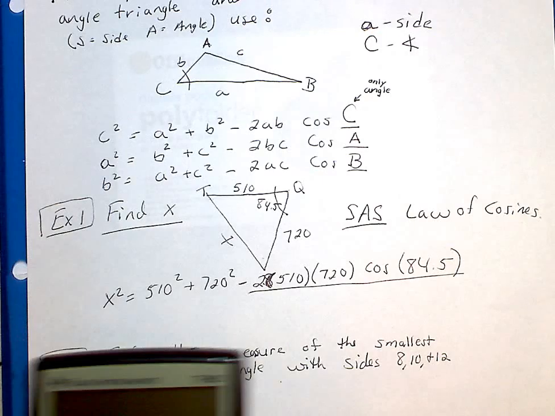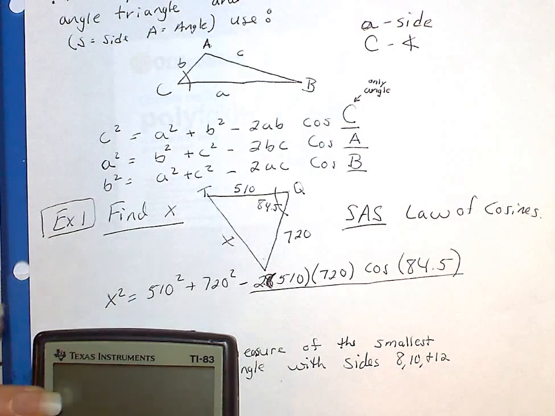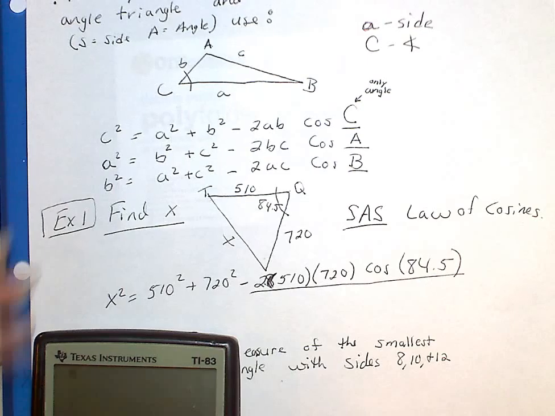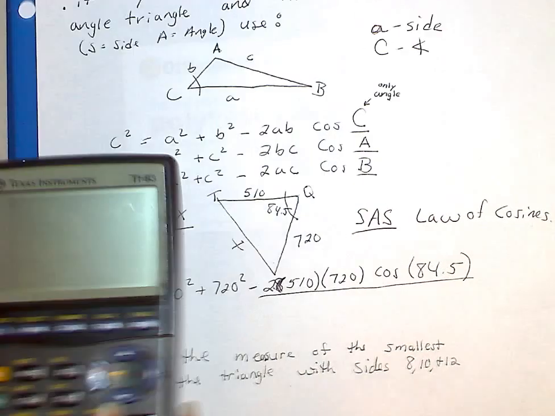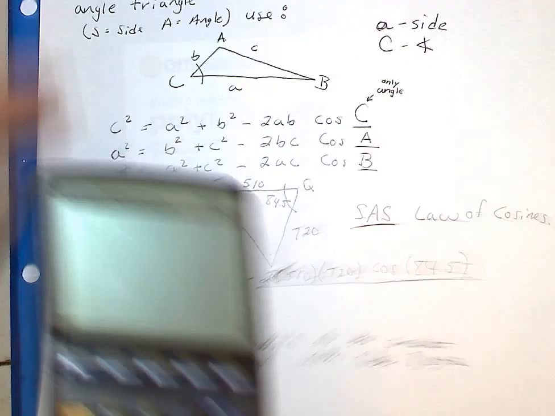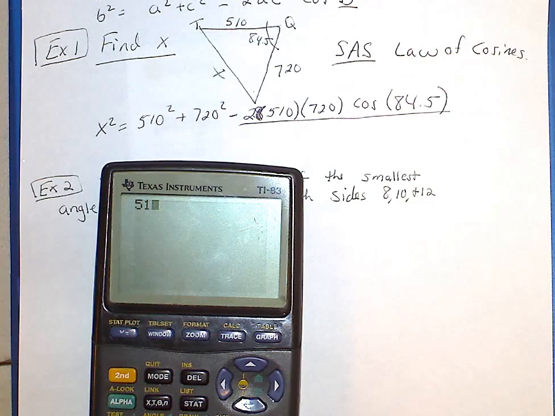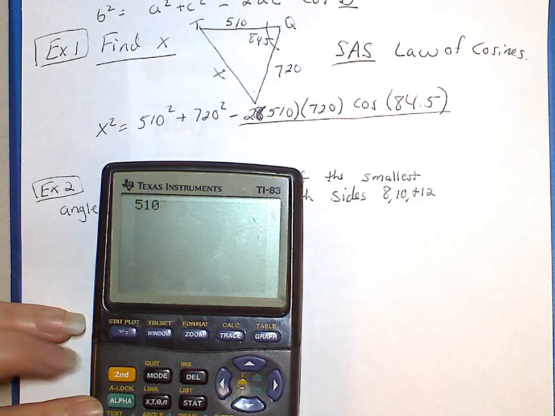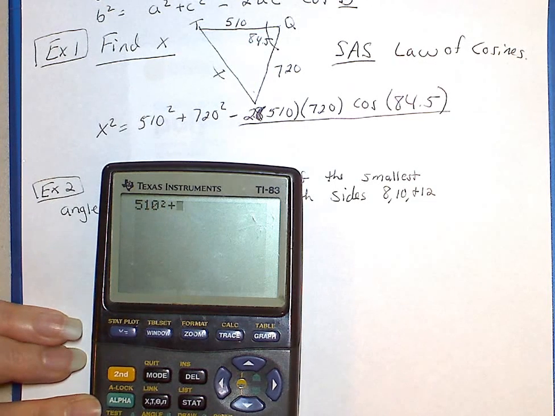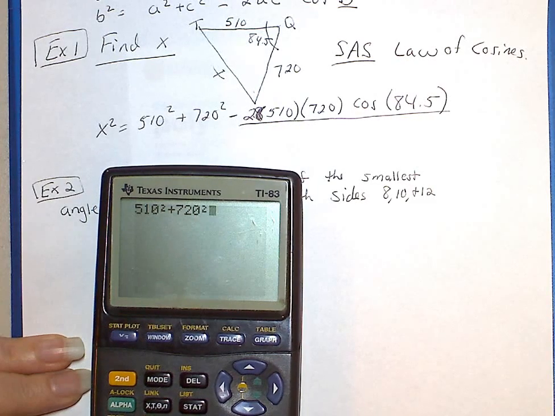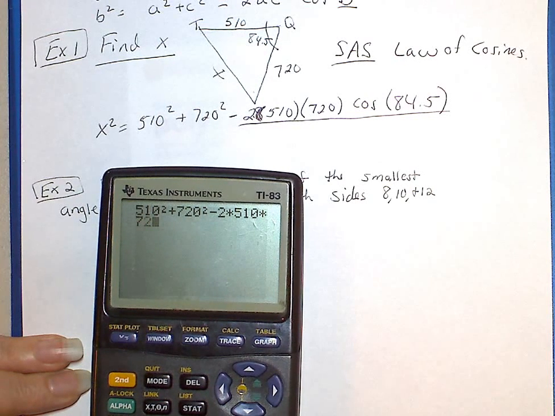So in my calculator, I'm going to go 510 squared plus 720 squared minus 2 times 510 times 720 times cosine of 84.5.